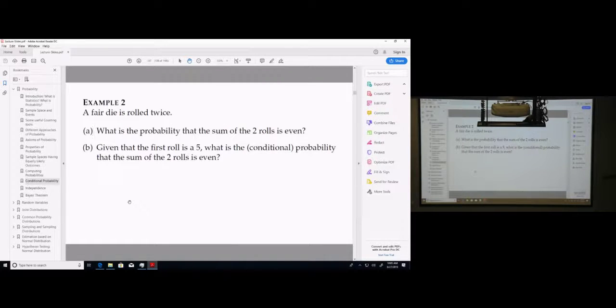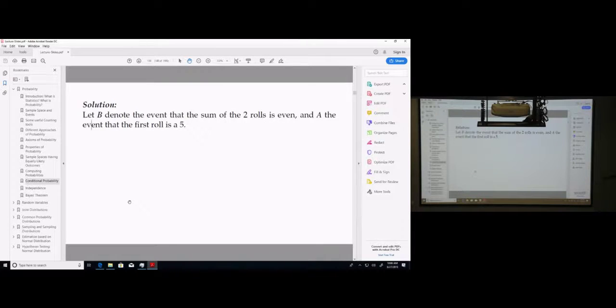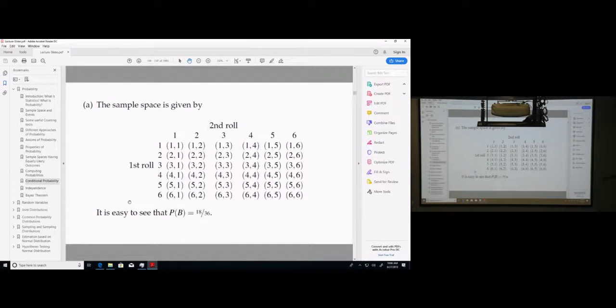Okay, so we are interested in the probability that the sum of the two rolls is even, and that if I know the first die gives me a 5. Without the conditioning, we actually have this array of events, so we arrange it in a nice table in this way.